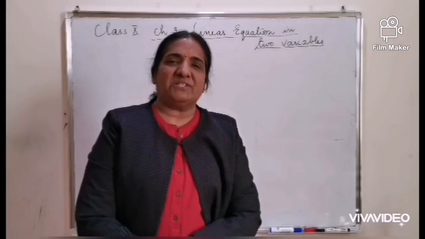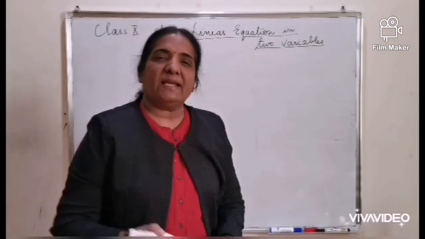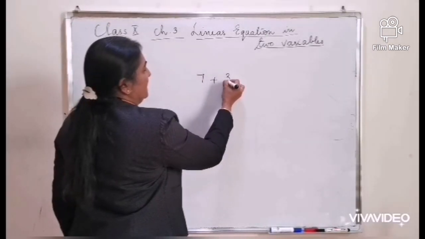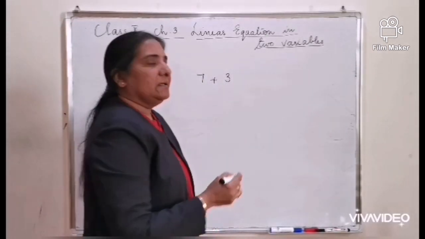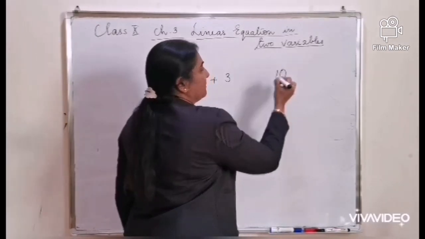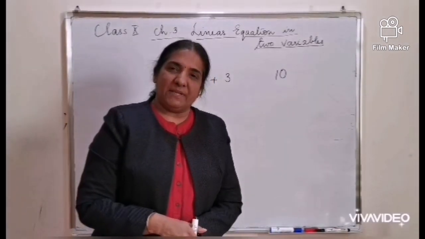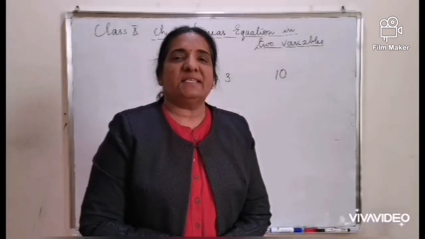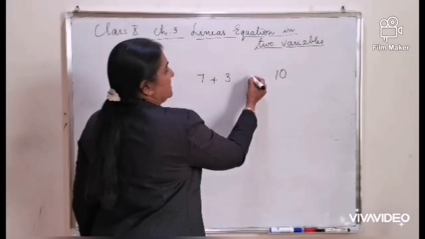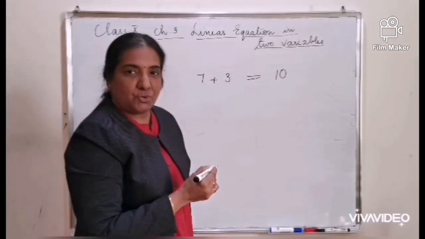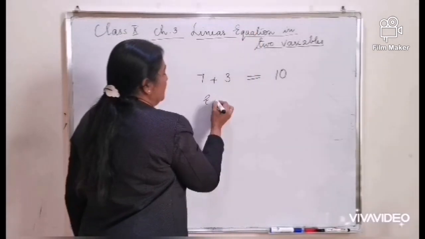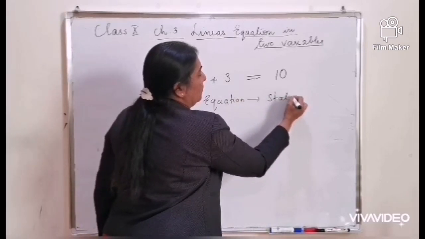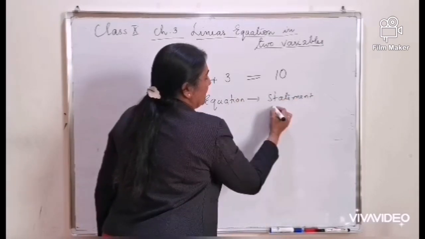What is an equation? If you take an example of 7 plus 3 and a number 10, what is the relation between 7 plus 3 and 10? 7 plus 3 is equal to 10, which shows that an equation is a statement of equality.